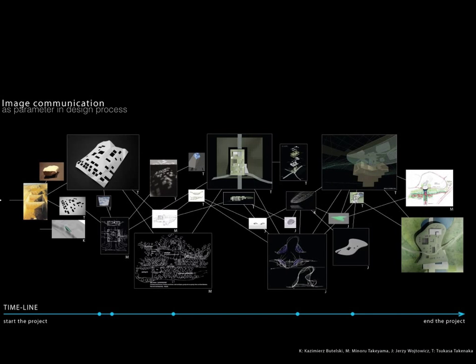this timeline. On the left is the start of the project, on the right, the end of the project. This is a process of communication or exchange of files and images and designs, some of them parametric, in a process of development, Museum of Archaeology for Korea.